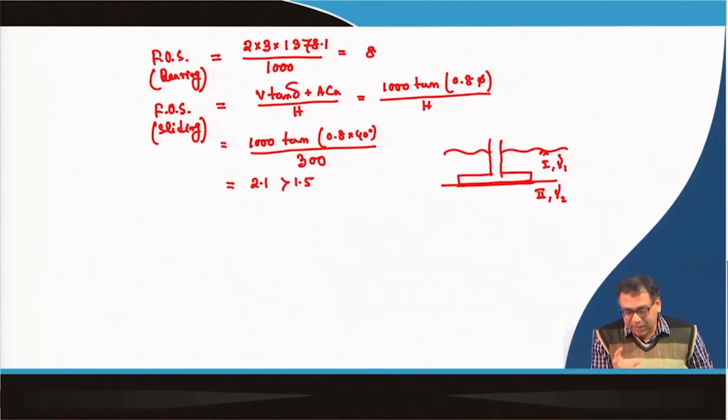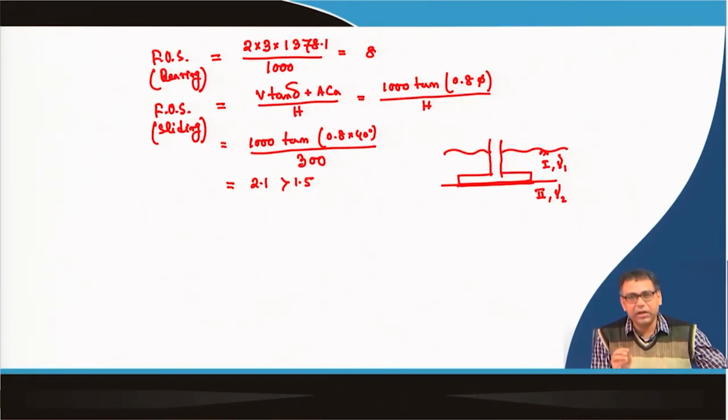So, the bearing capacity factor is very high, but as per the sliding it is more or less okay, but still you can reduce some factor of safety. So, you can modify your design, and then you can slightly make the design economical also.